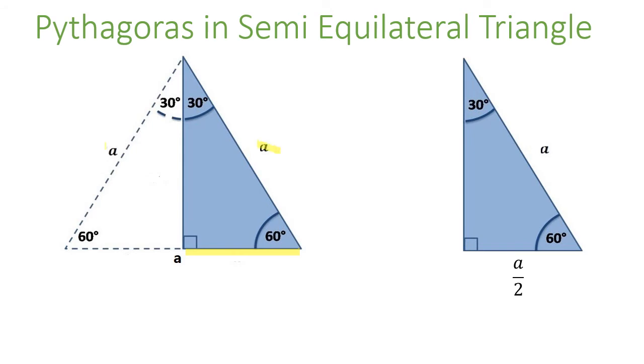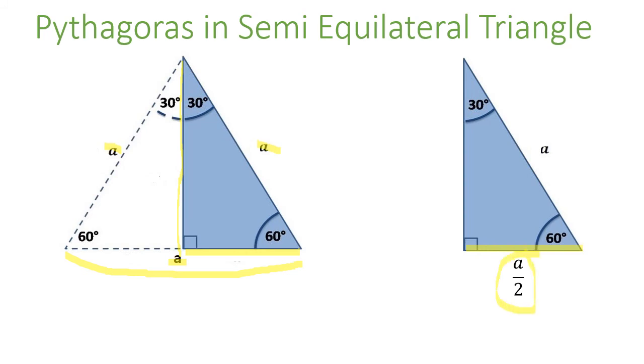This is A, and this is also A. And when we say semi-equilateral triangles, it means an equilateral triangle that has been cut into two parts. Then this big A side is cut into two sides. Then the measure of this small side will be A over 2.